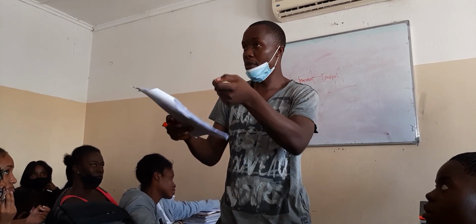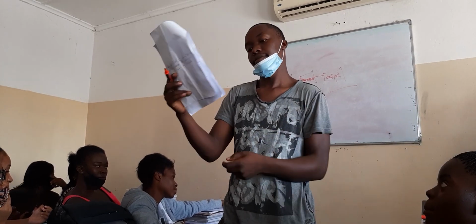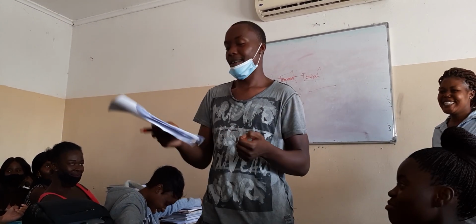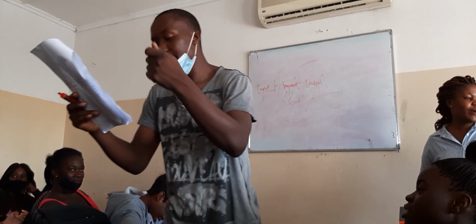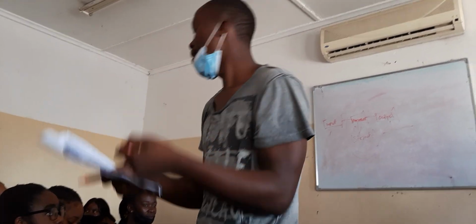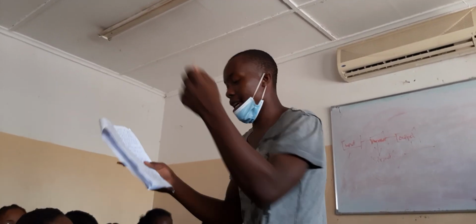Random access memory. Read-only memory. Then there is the basic input-output system. Registers of the CU. Hope we are moving together.